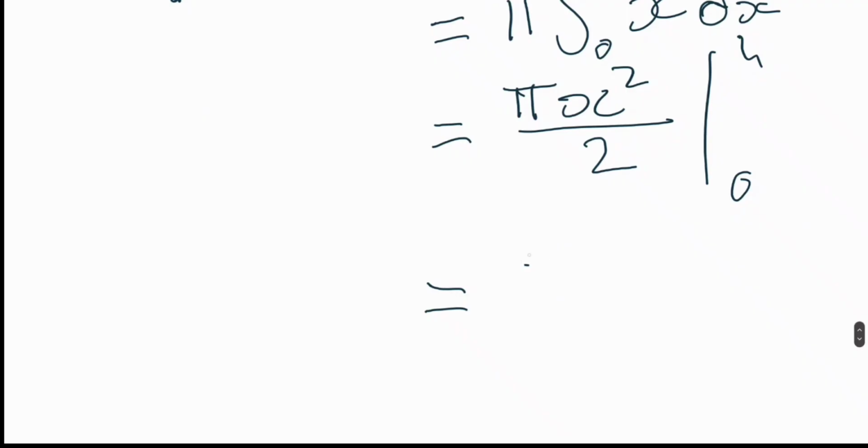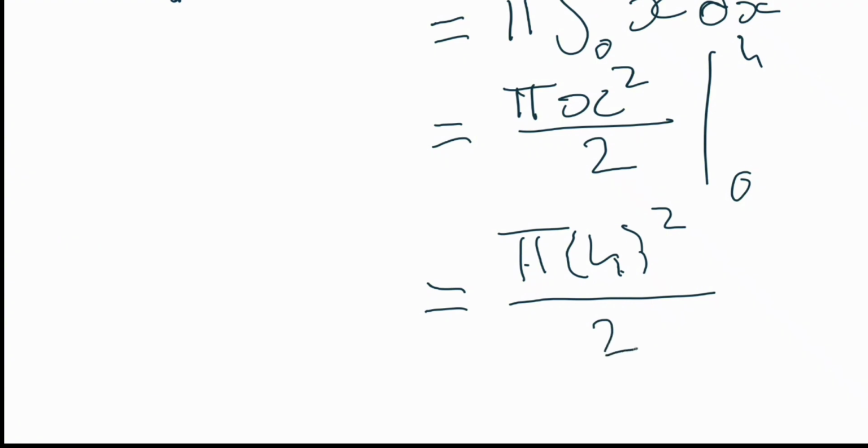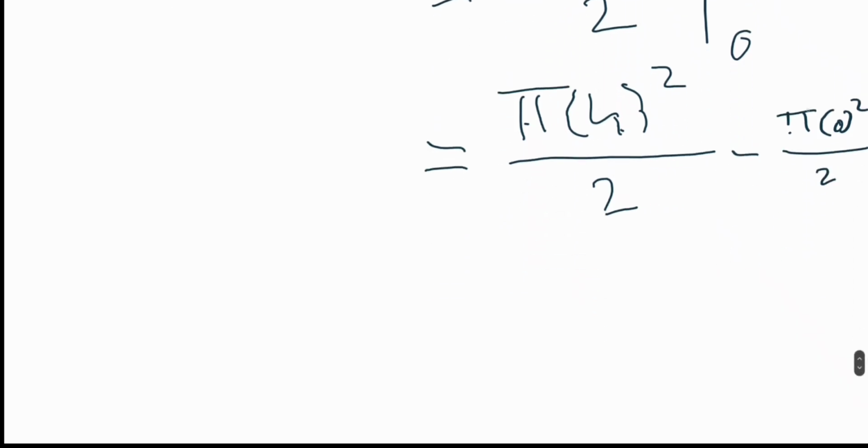Okay, so pi times 4 squared over 2 minus pi times 0 squared over 2. So here we can see that this is going to equal 0, as 0 squared is 0, 0 times pi is 0, and then 0 divided by 2 is 0.